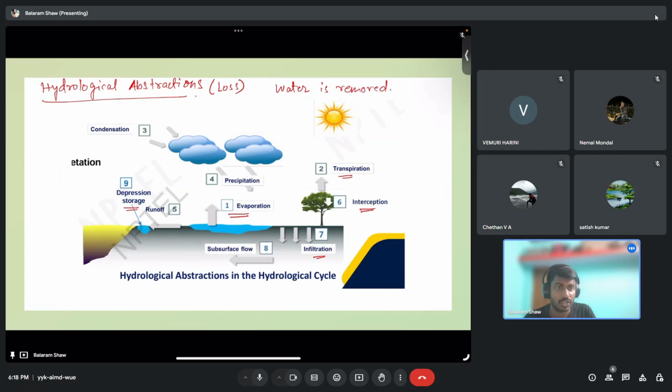As I mentioned, what is interception? Interception is defined as the precipitation water that has occurred and is retained on the drainage basin by objects, let us say leaves or other vegetation, maybe buildings.